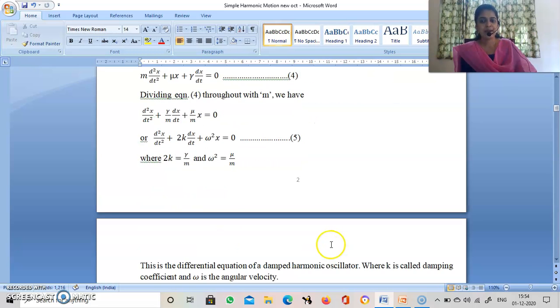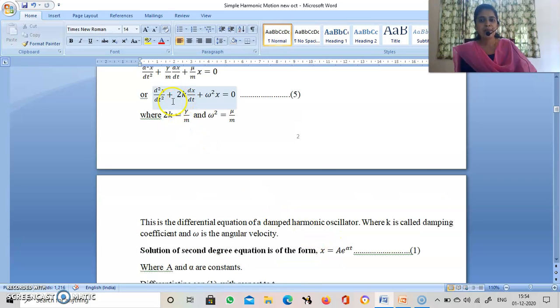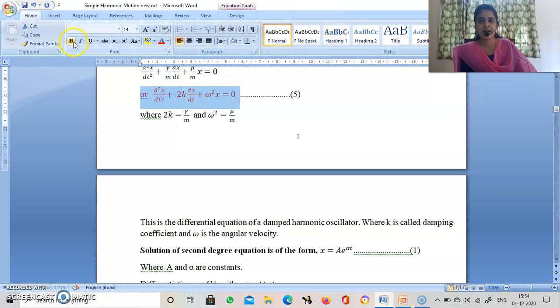This is nothing but the differential equation of a damped harmonic oscillator. Here in this equation, 2k is gamma by m, or k is equal to gamma by 2m, and that is the damping coefficient.